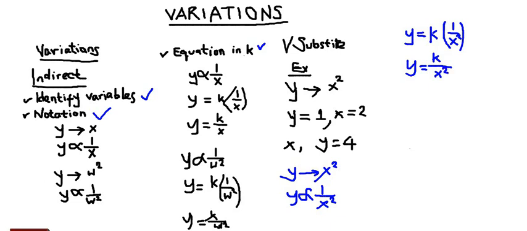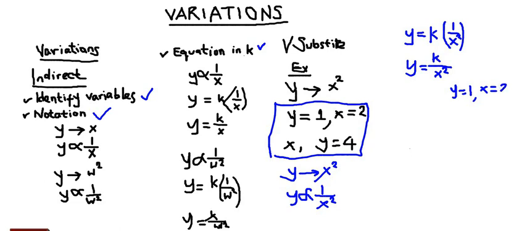Therefore, we can use the available information to find the value of K, the constant of variation. Here we are told when y is 1, x is 2. So we can substitute this information to know what K is.